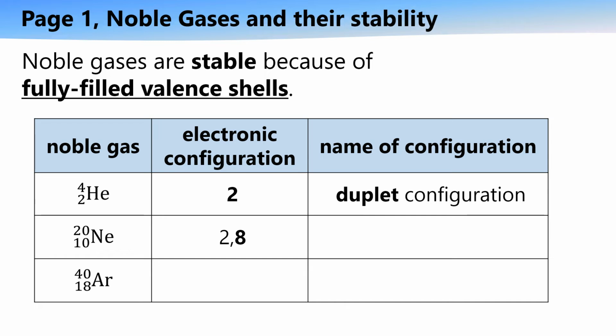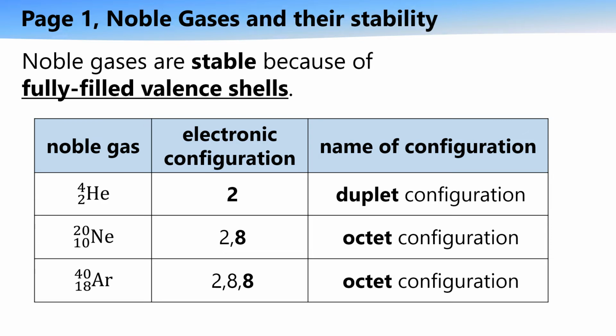Since its valence shell has 8 electrons, we give it the name of an octet configuration. This is very similar for argon, which is 2, 8, 8, and it also has an octet configuration. Copy this down in your notes.